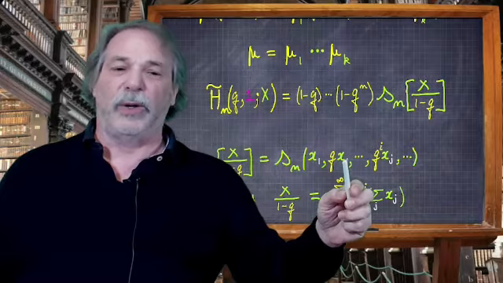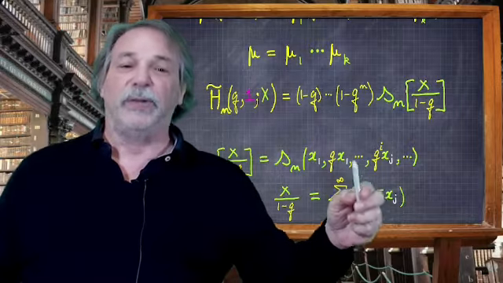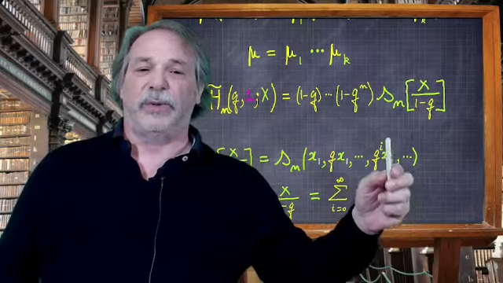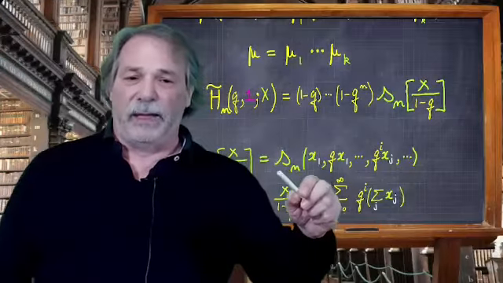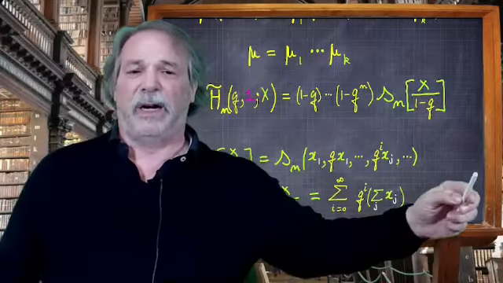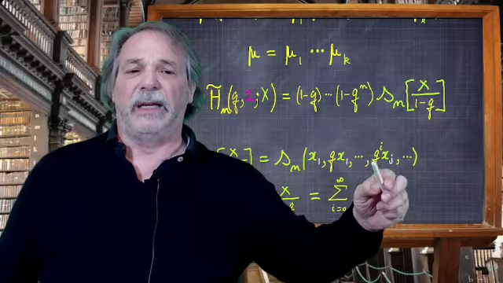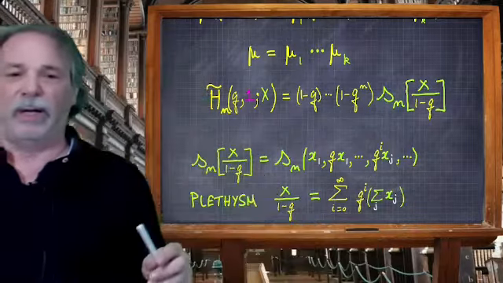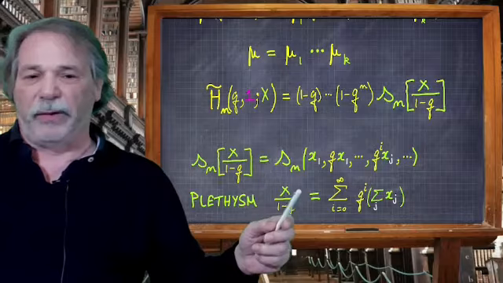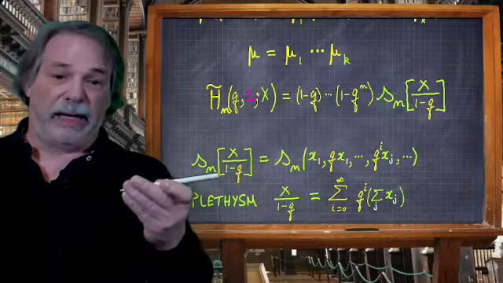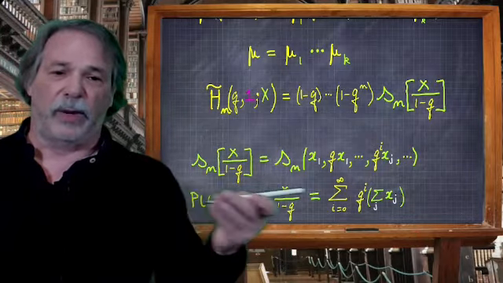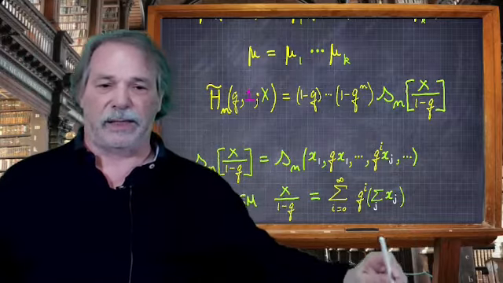You go like this up to infinity. Then you start again with x2, q x2, q squared x2. So the variables here are q to the i times x sub j. If you want, you can think of capital X as being the sum of the variables x1, x2, up to xj. So that's this sum here.